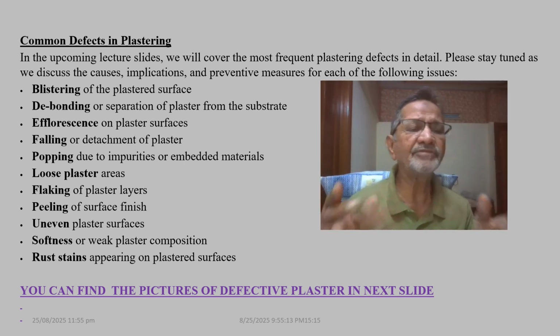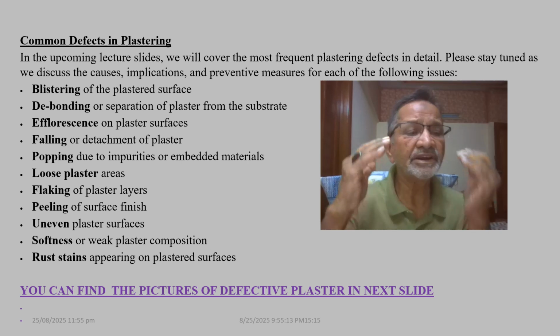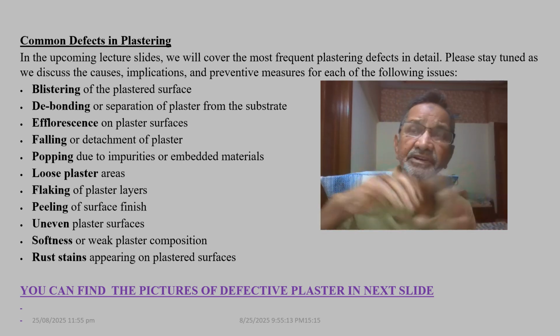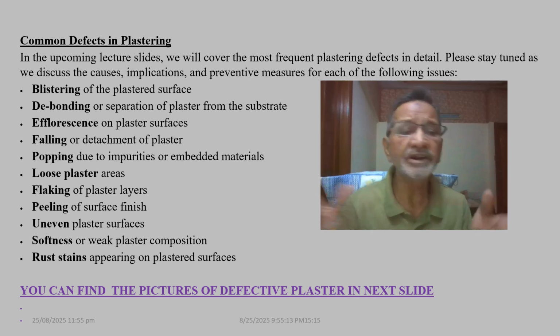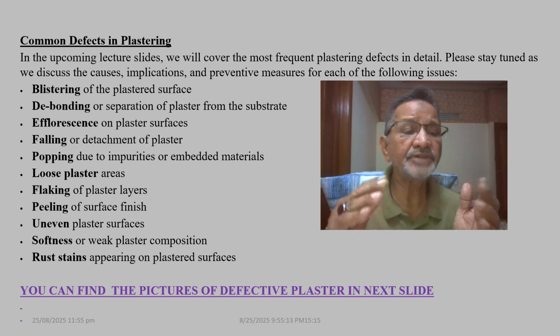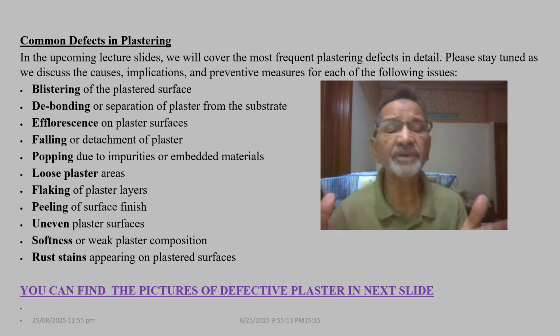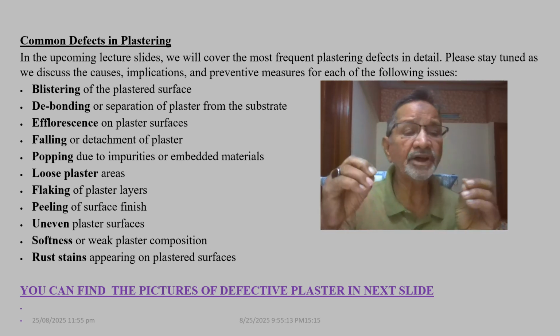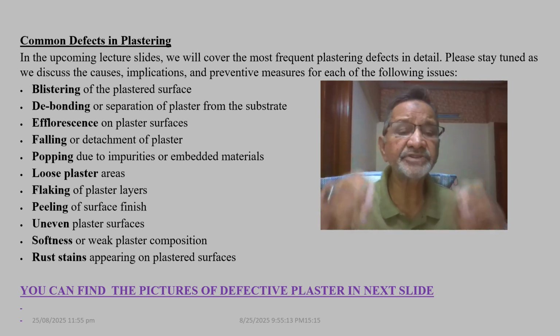So in this slide, we will discuss the defects, which are the blistering of the plaster surfaces, debonding of the plaster surfaces, which means the plaster is separated from the surface, efflorescence on the plaster surface, falling or detachment of the plaster, and popping, which is due to impurities mixed in the mortar of the plaster.